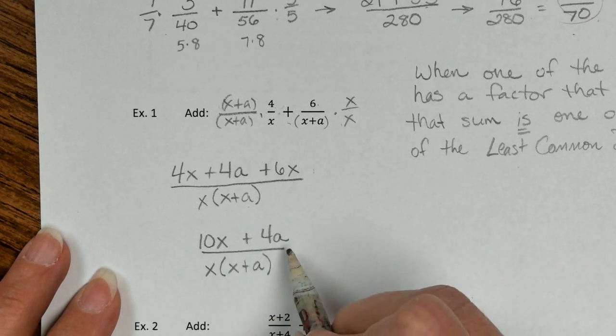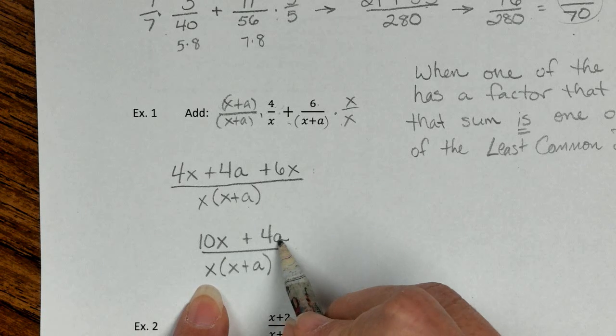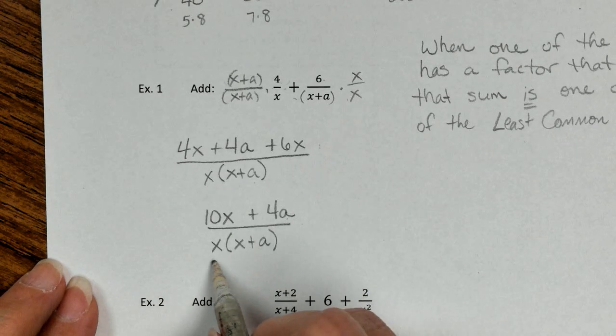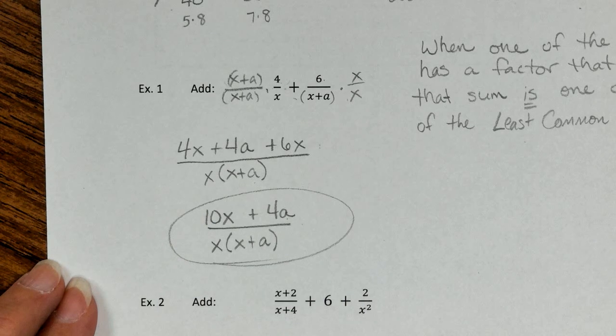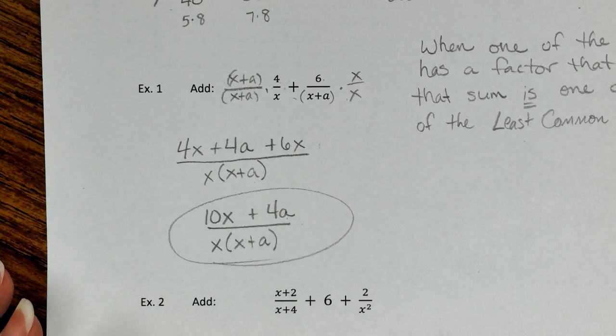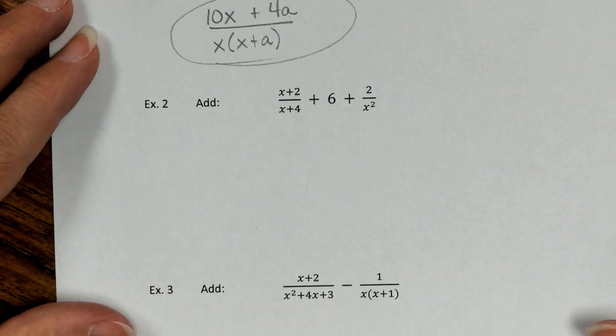There is no way I'm going to factor the numerator and have a factor of this be x or x plus a. So I know this will not reduce. That is my final answer. It's the same process as if they were numbers, because again, variables are just standing in for numbers that are unknown.